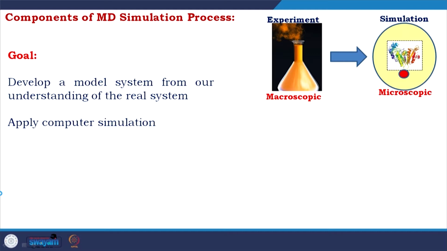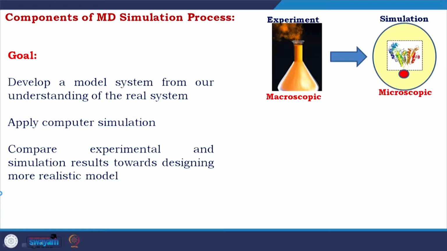For a long time people were dreaming of developing model systems out of experimental systems, but the dream actually started coming true with the advent of the computer, because now you have a huge ability to process data. You will assume a lot of hypotheses and do the calculation according to them. So, that is where computer simulation comes in.